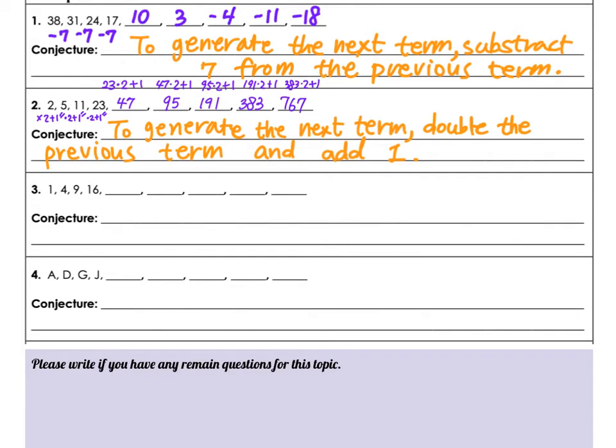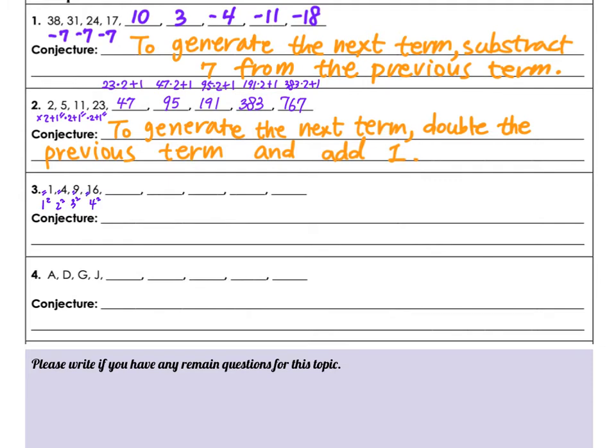On number 3, let's try to make 2 different conjectures. The first pattern we can find is between 1, 4, 9, 16. As you notice, these are perfect square numbers, right? So what does that mean? 1 squared is 1. 2 squared is 4. 3 squared is 9. 4 squared is 16.